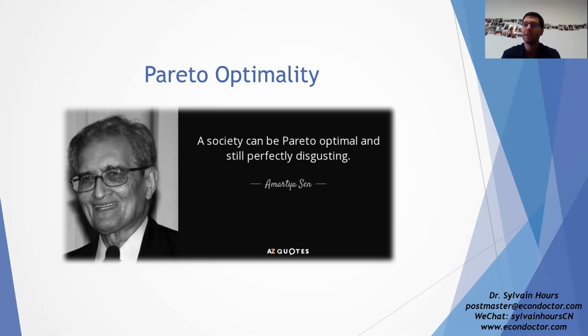But in terms of fairness, of course, it is more than questionable. Most people would agree that if you just give all the resources to one economic agent, this might be very highly unfair.